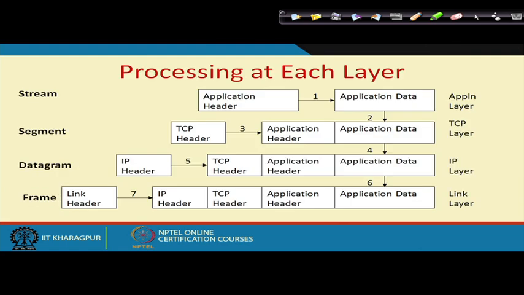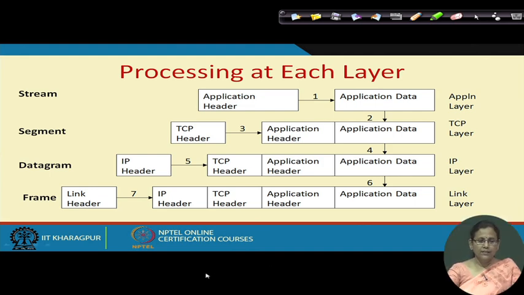Now, what is sniffing? This is what I was telling you. Let us try reminding you how the processing happens at each layer. When you send application data, let us say you are sending a big file, that file will be made into small parts called data packets.